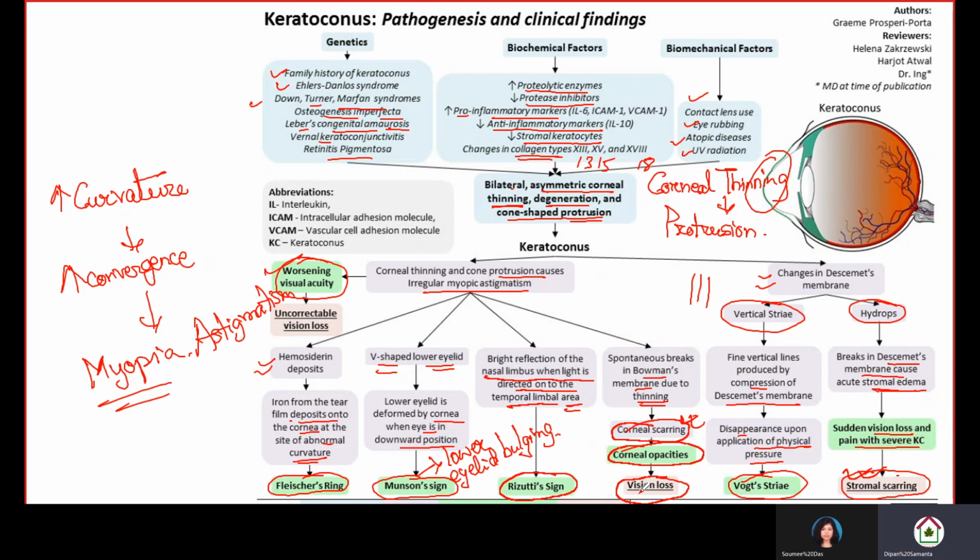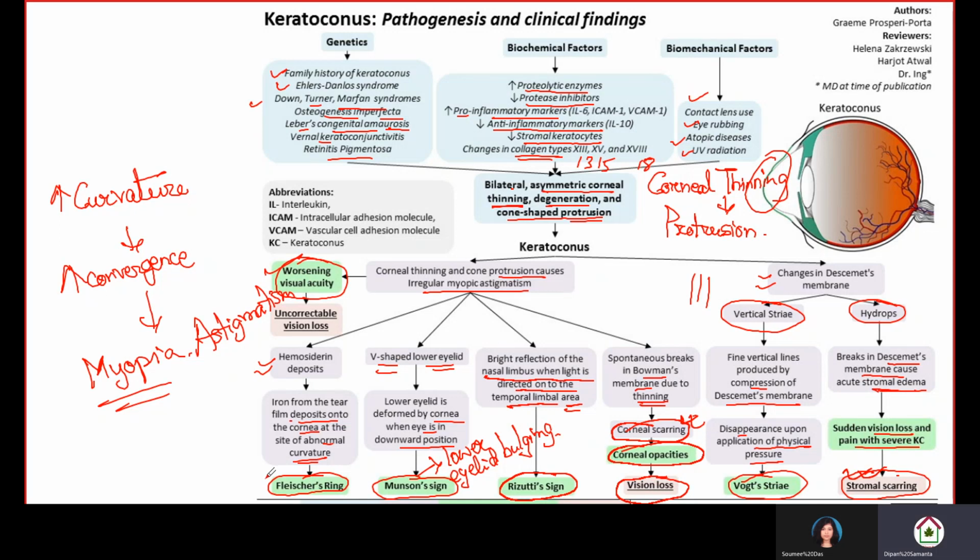So it should be very, very clear what are the pathological changes occurring in keratoconus in detail, because there will be questions. Some of the questions I can discuss, like Fleischer rings in keratoconus is due to deformed cornea, thinning of the Bowman's membrane, compression of the Descemet's membrane, iron deposition.